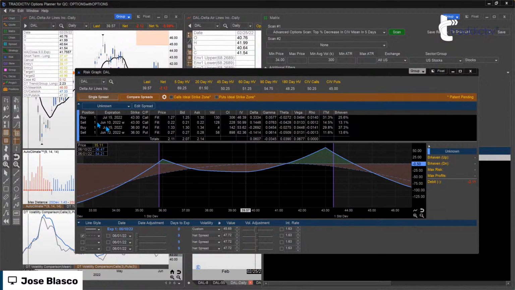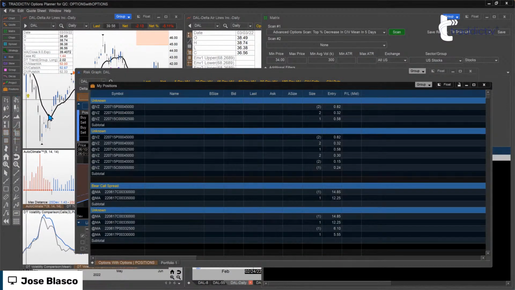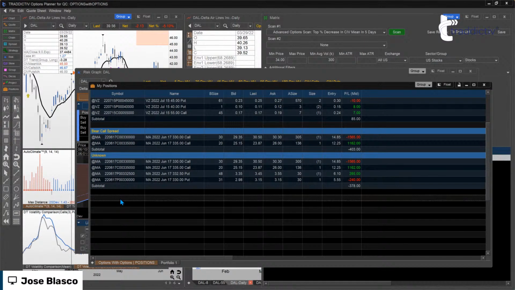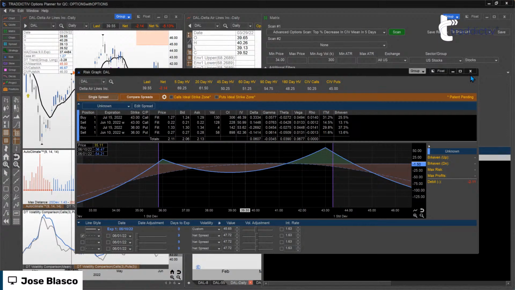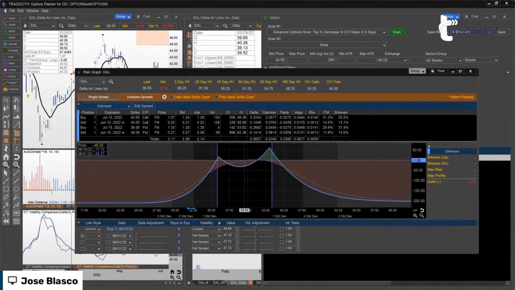Here we go. So here's my trade, which I'm now going to copy and place in my positions panel, so we can talk about it in future sessions. My friends, we're done. Perfect timing to conclude this trade.